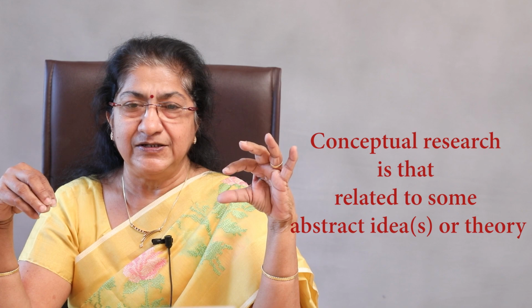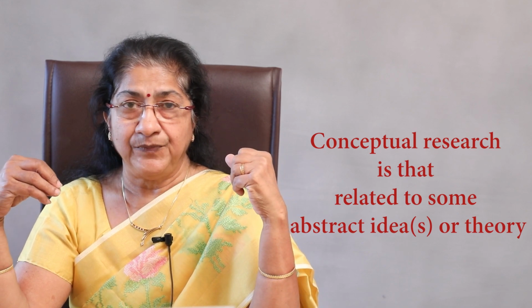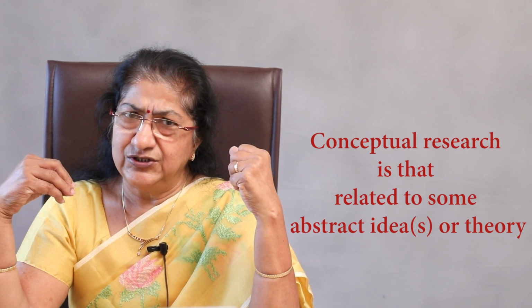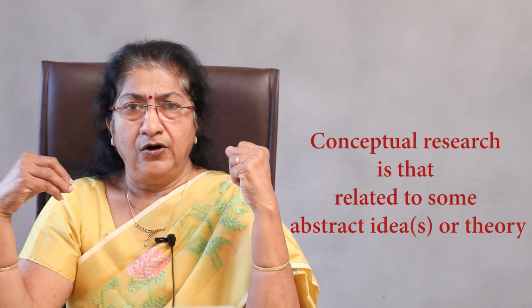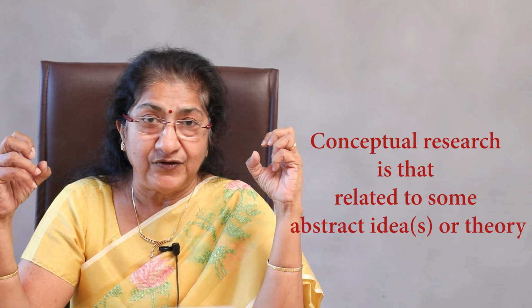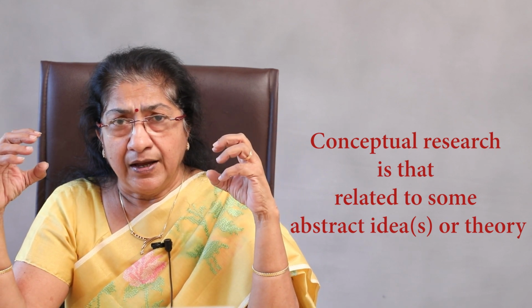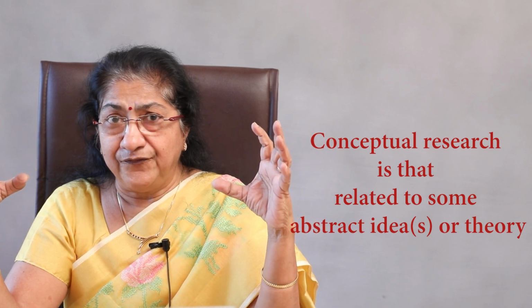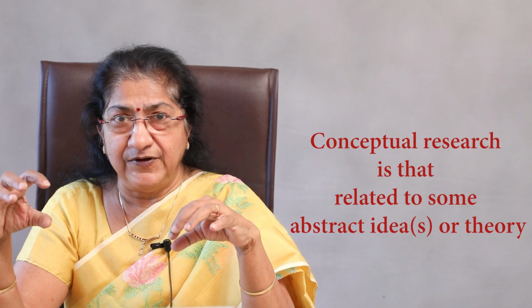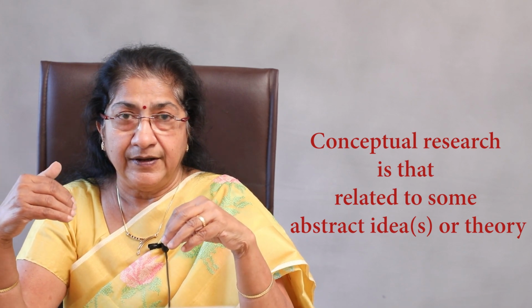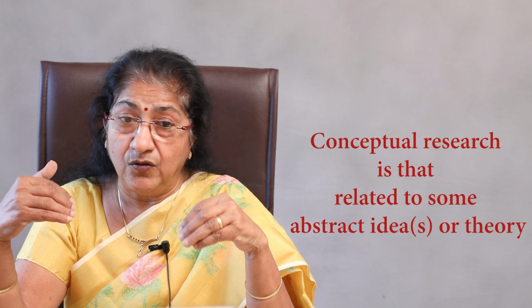Another research type is conceptual research. Conceptual research is more useful for the thinkers as well as philosophers. They read so many things. After reading and observing, they design their own concept, they design their own philosophy.